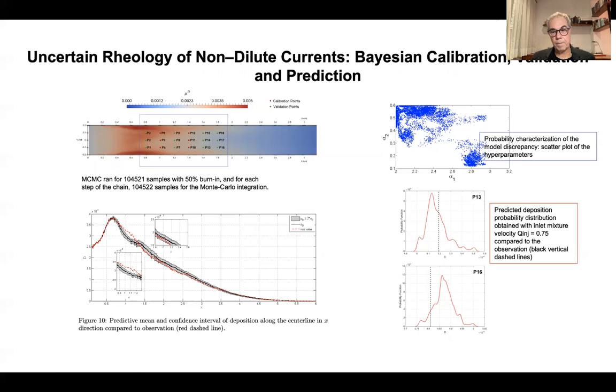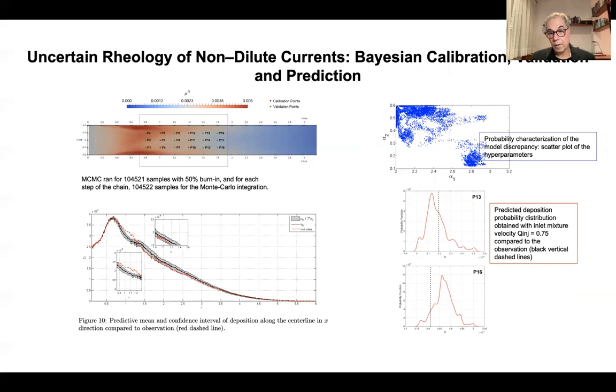And with all this calibration, we can extrapolate and then predict a deposition for a different situation, considering the injection inlet mixture velocity at 0.75 instead of 1.